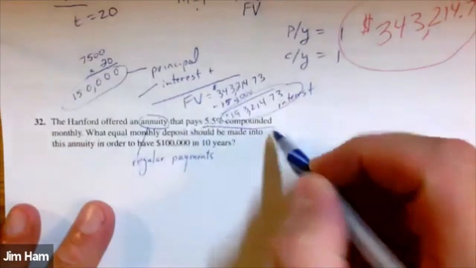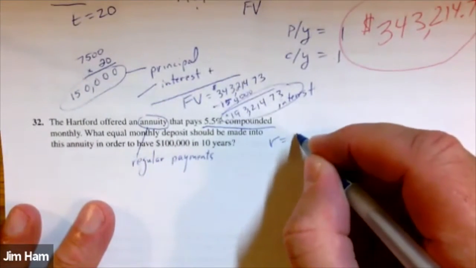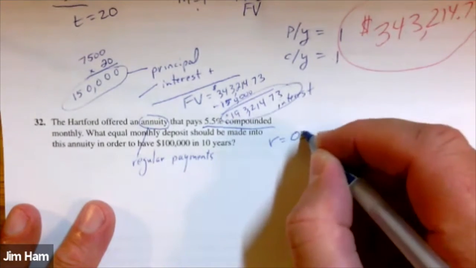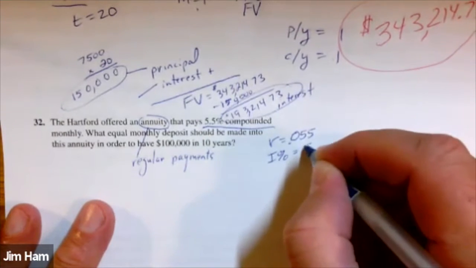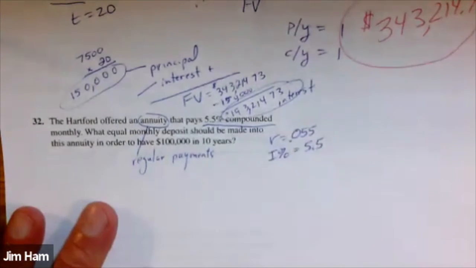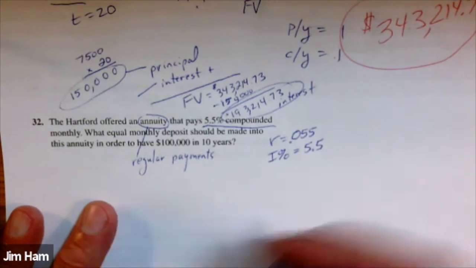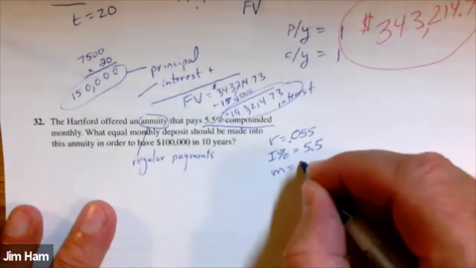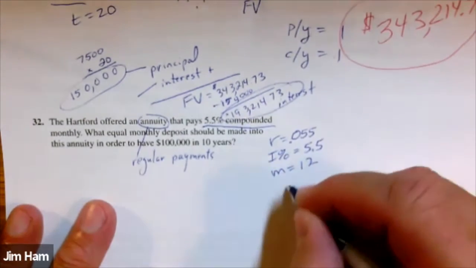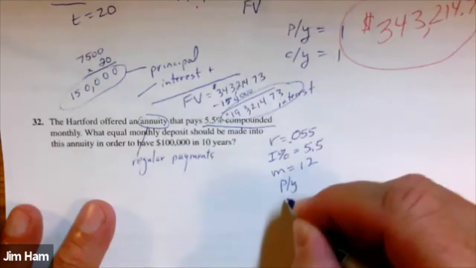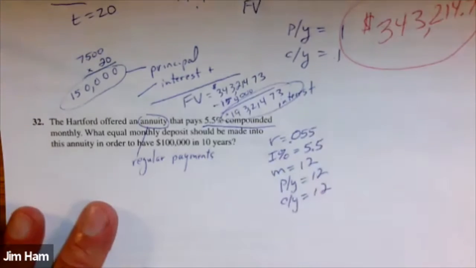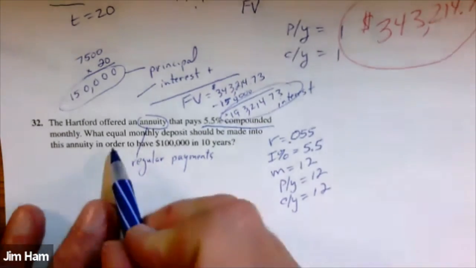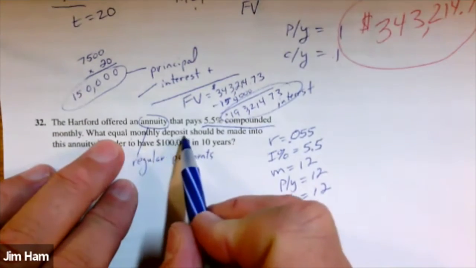Because depending upon how you answer that question, you're going to approach the problem in quite a different way. All right, so R is equal to 0.055, I% on the other hand, 5.5. Compounded monthly, M is equal to 12, so that means the payments per year and the compounding periods per year would also be 12. What equal monthly deposit?